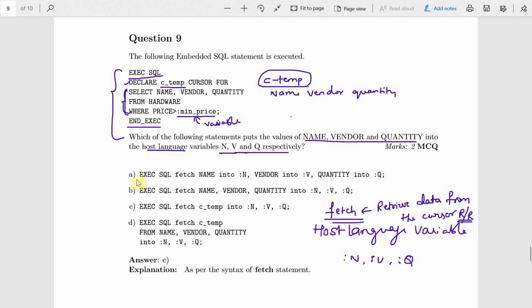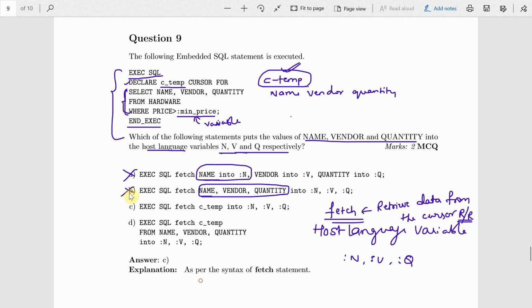Now look at option A: EXEC SQL FETCH name INTO :N. This is incorrect. The name of each record is stored in the cursor variable ctemp, but fetching name into N is not possible from the cursor. Here also, FETCH name, vendor, quantity is incorrect. Why? Because we have to fetch data only through the cursor variable.